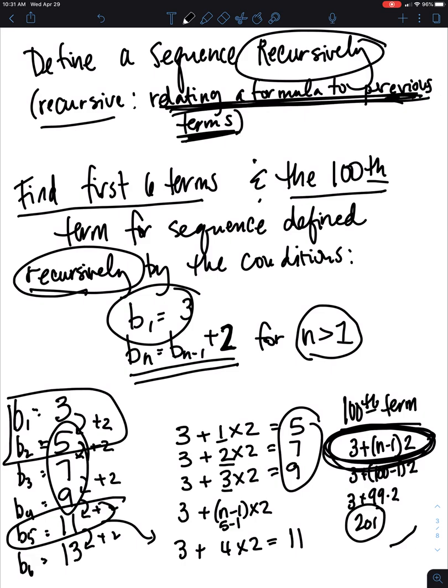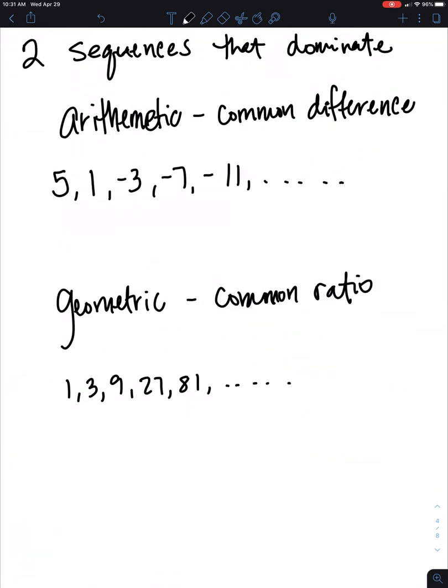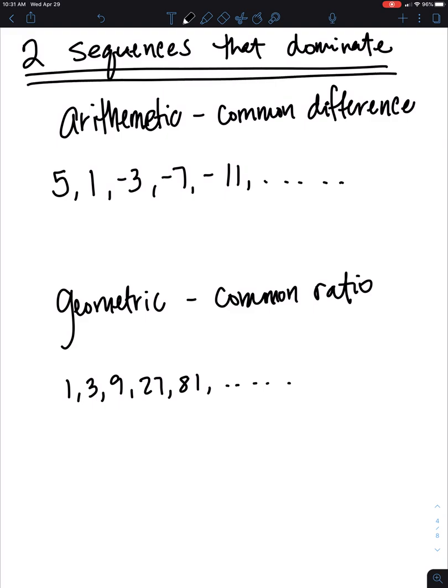This is the way to lead you there, because they're proving that this formula actually works, and it does. Okay? All right. So 2 sequences that dominate the math sequence world, I guess, I don't know, mathematic applications, I should say, are arithmetic.